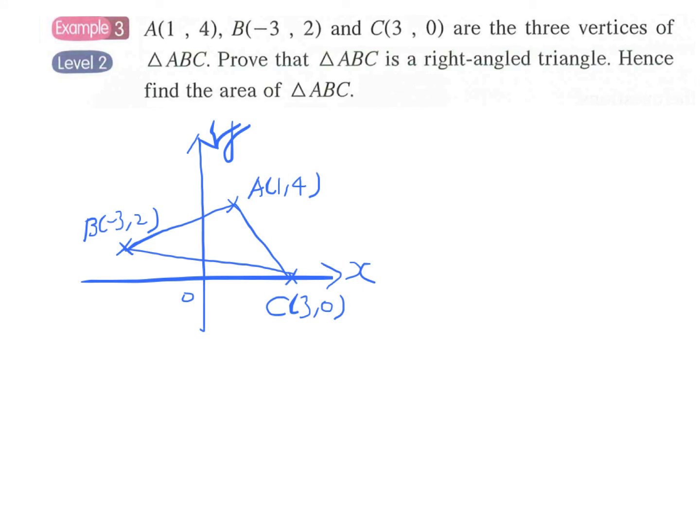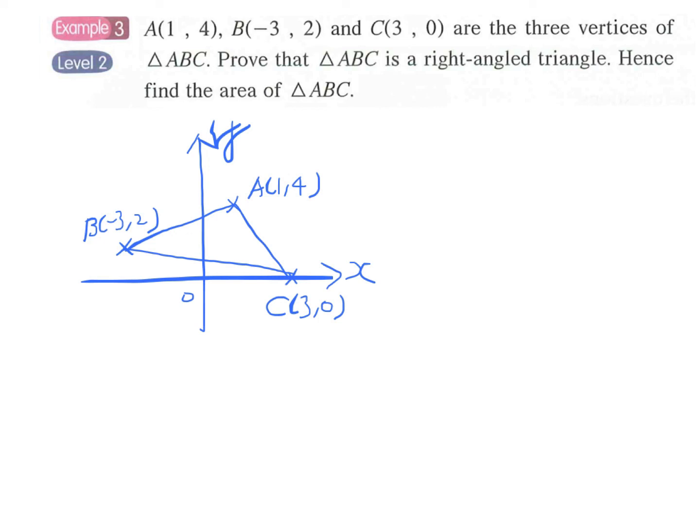And now we have to prove that triangle ABC is a right angle triangle. And probably angle A will be the right angle. But this is not necessarily true, because this diagram is not drawn to scale. So how can we prove that it is a right angle? We can make use of, remember in Form 2, the converse of Pythagoras theorem.